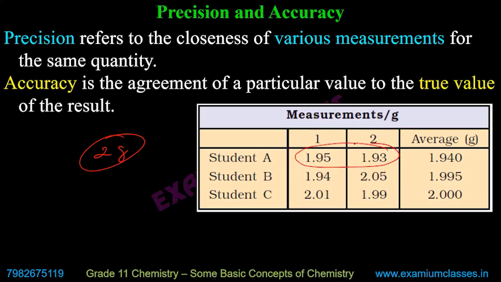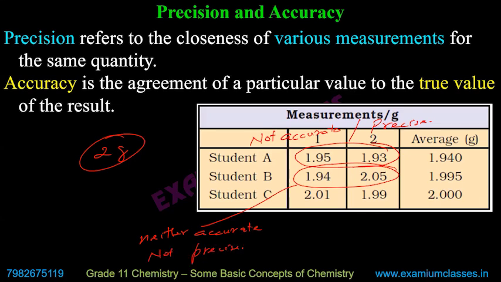This one is not accurate because these are not close to 2, but somewhat precise. Why precise? Because these are close to each other. These ones are neither accurate because these are far away from true value, nor precise because these are not close to each other. These two are accurate as well as precise. Any confusion in understanding, let me know.